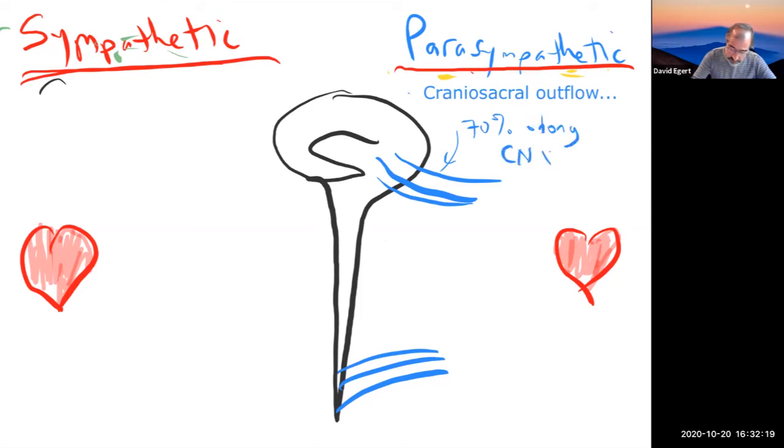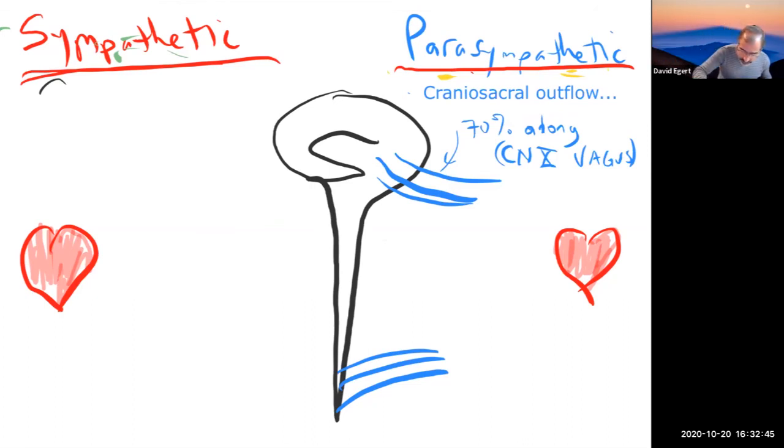Cranial nerve 10, the vagus nerve. Vagus nerve does other things too. It has motor stuff, it has other things, but a big part of what it does is carry a lot of parasympathetic motor stuff.